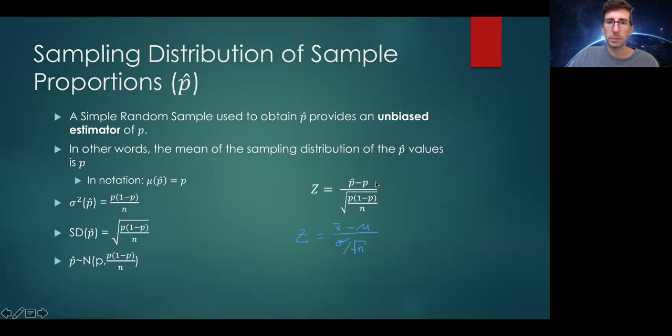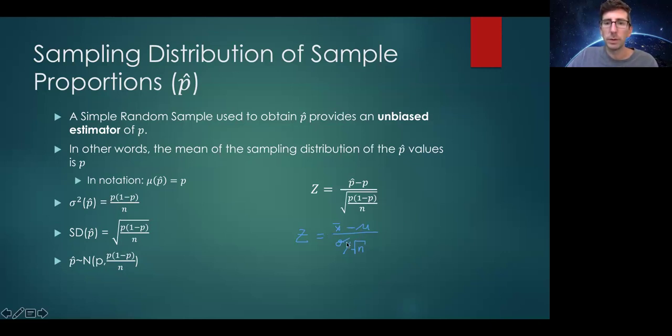We've got a population proportion in place of our population mean. And this makes sense, right? Because now we're trying to compare a sample proportion to the population proportion. Before we were comparing a sample mean to a population mean.